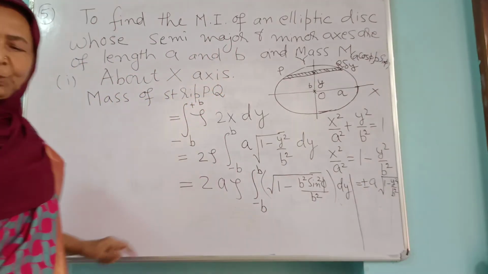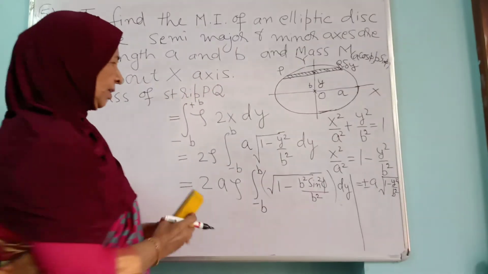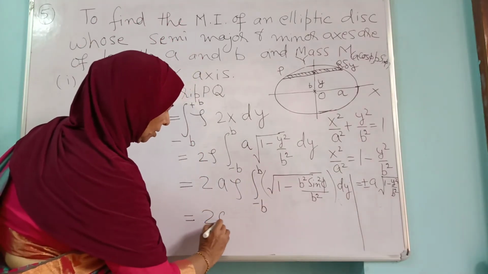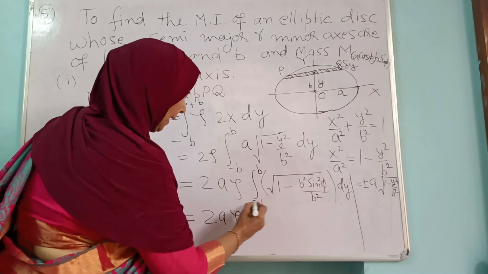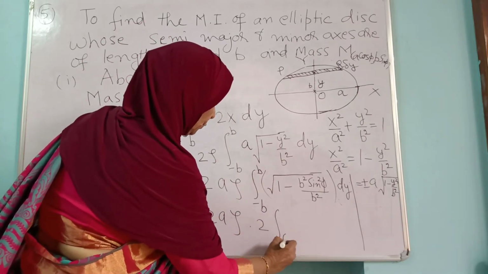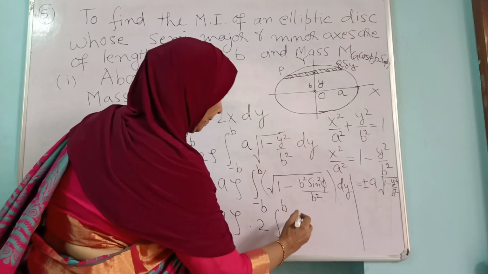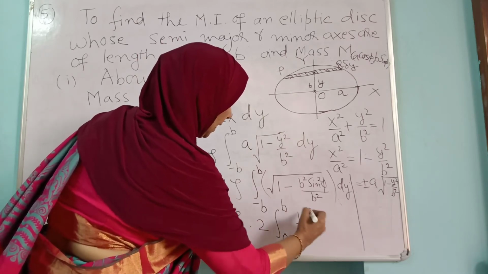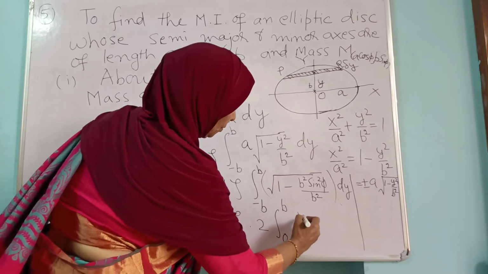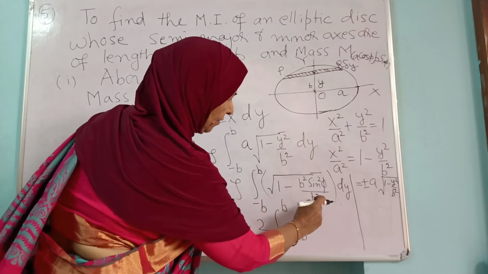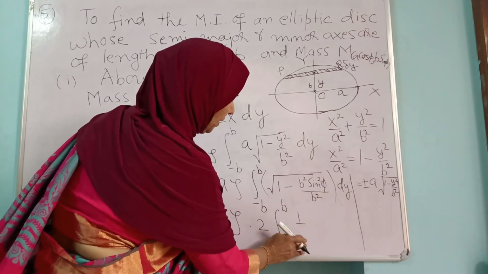Okay, so what is this? This is 2a rho, and then this can be written as 2, 0 to b, and then, no, not 1 by b, because it will be b square minus b square sin square phi divided by b square, so b will cancel.